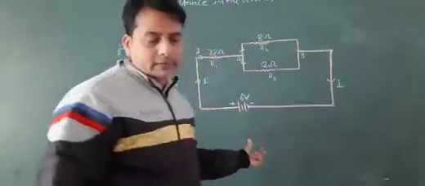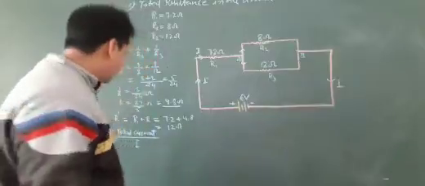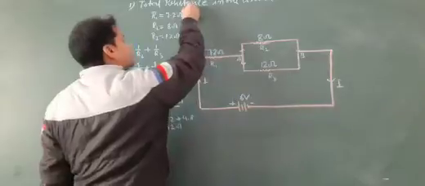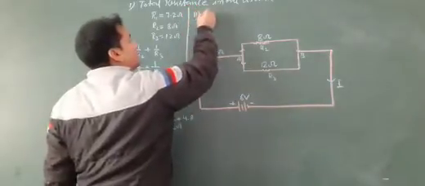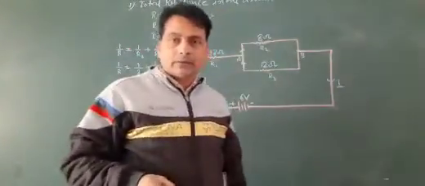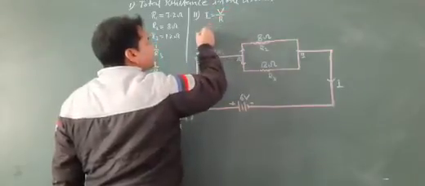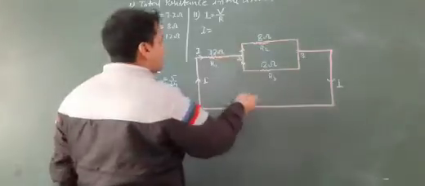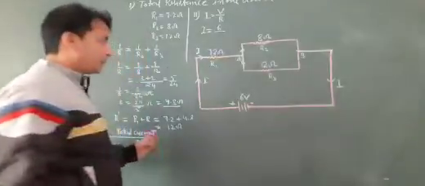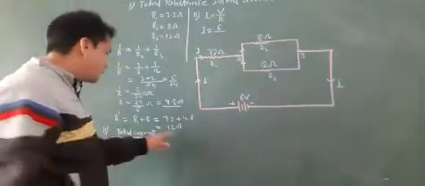For the total current, according to Ohm's law, I equals V by R, the potential difference divided by resistance. V equals 6 volt, and the value of R, the total resistance in this circuit, is 12 ohm.